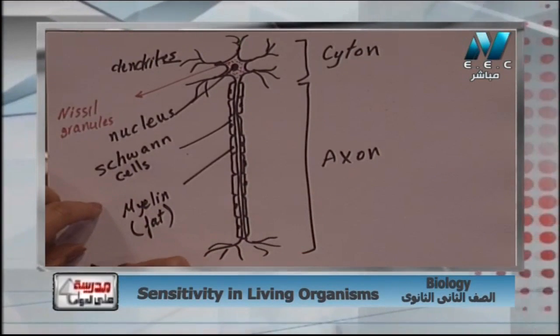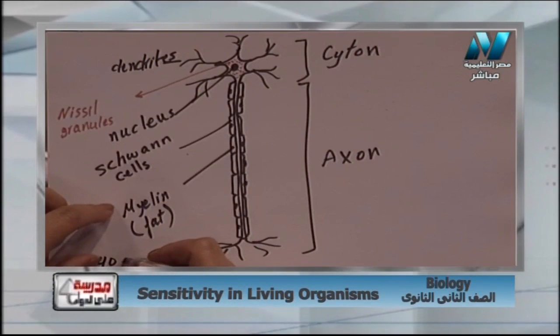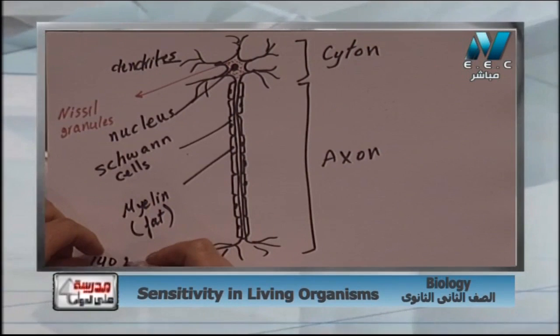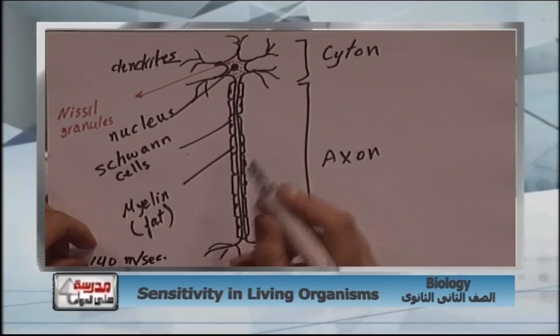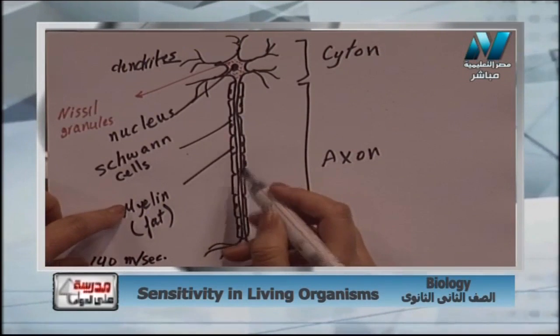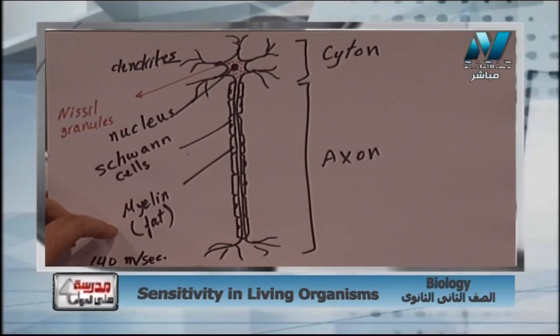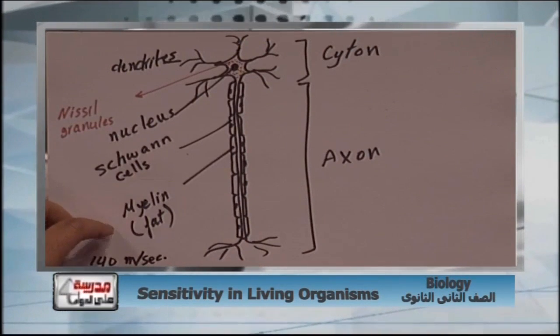It reaches about 140 meters per second in case of myelinated axon, but it reaches about 12 meters per second in non-myelinated axon.